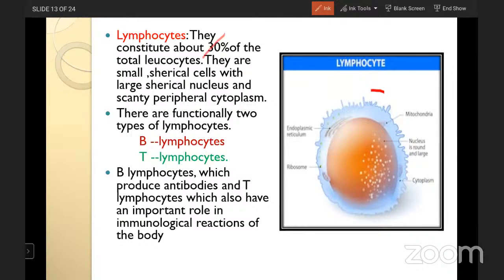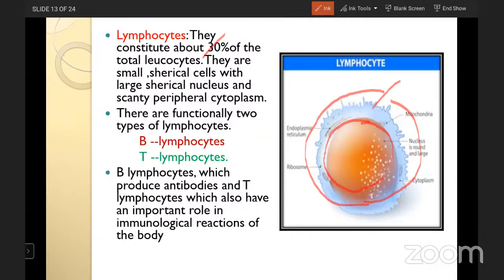The maximum portion of the cell is covered by the nucleus, and there is scanty peripheral cytoplasm. Cytoplasm is present but in less amount, because the nucleus is big and occupies a lot of space.